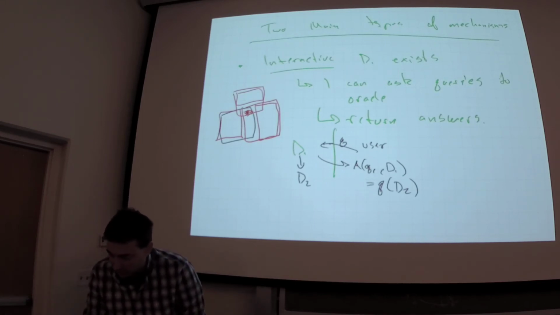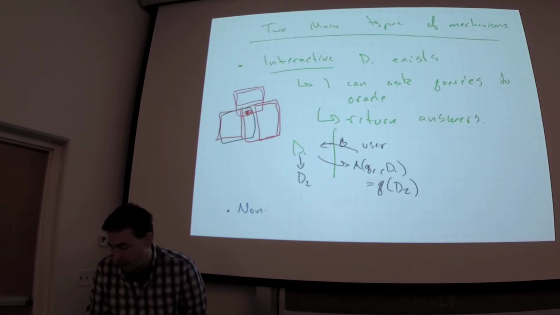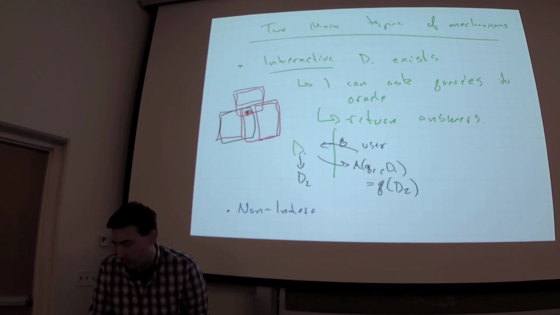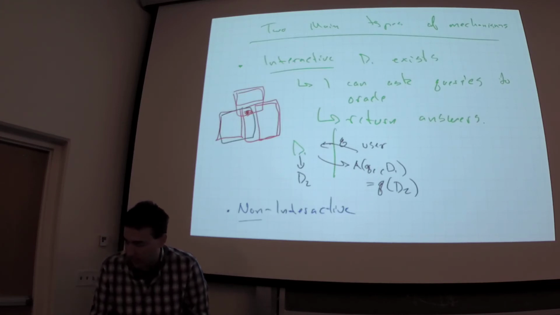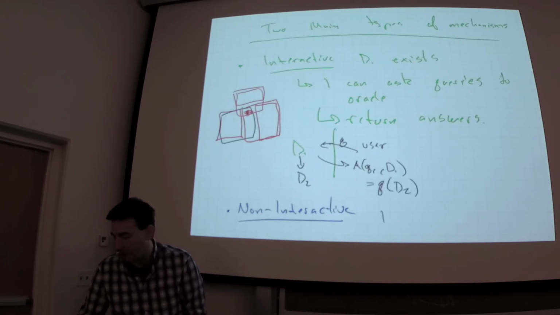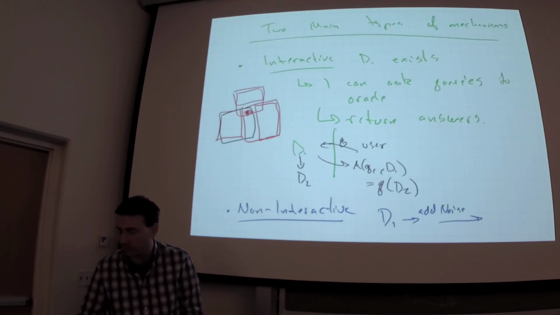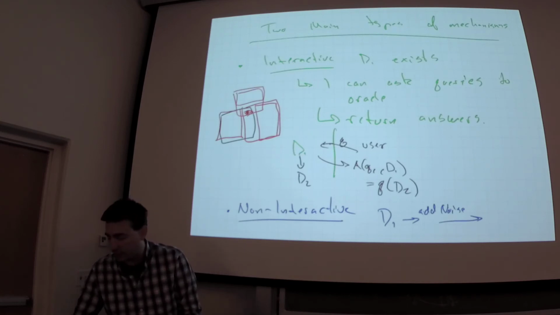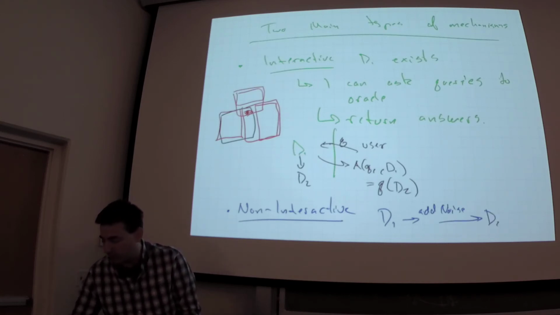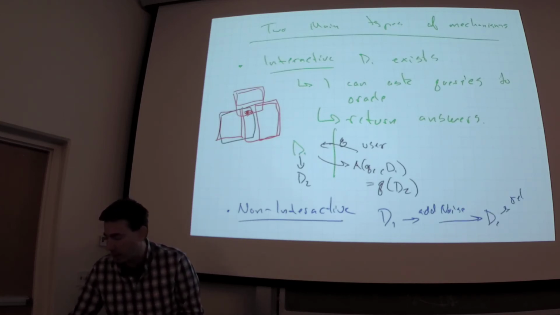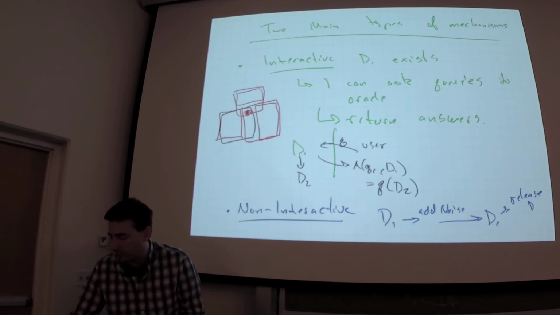And then the other version is the non-interactive one. I go from D1, I add noise typically, or do some sort of transformation onto it, to get D2, and then I release D2.